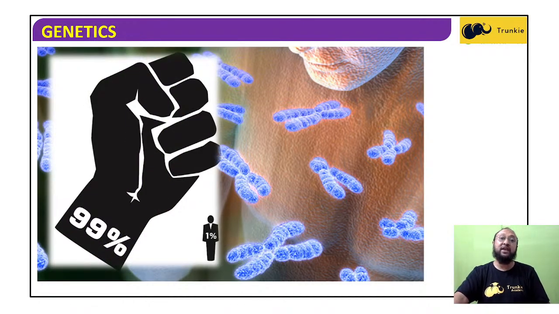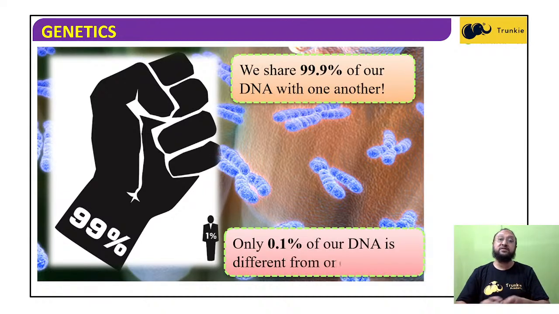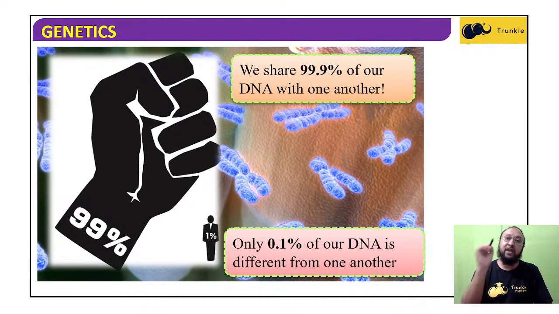99.9% of our DNA we share with one another. So just imagine, 99.9% of our DNA is similar to everybody. Only 0.1% of our DNA is different, and this only 0.1% of our DNA makes a difference from one another.